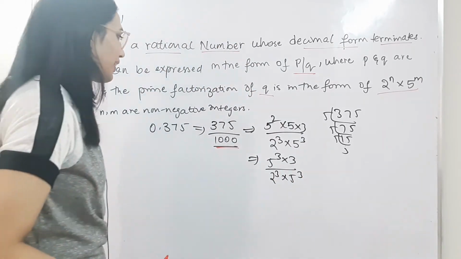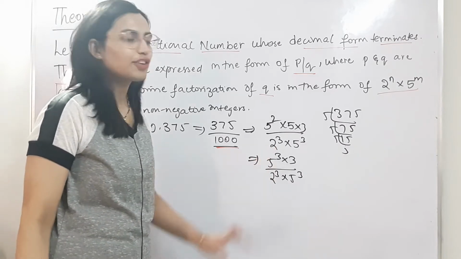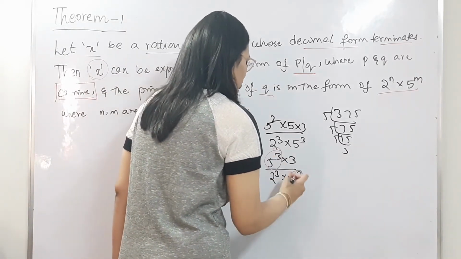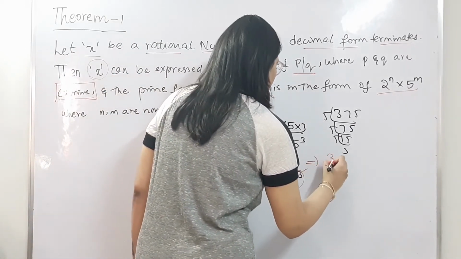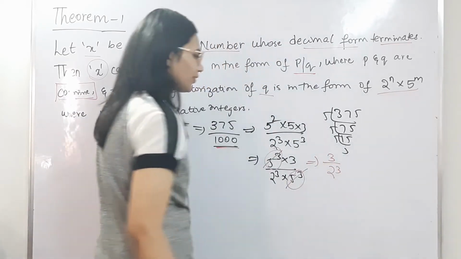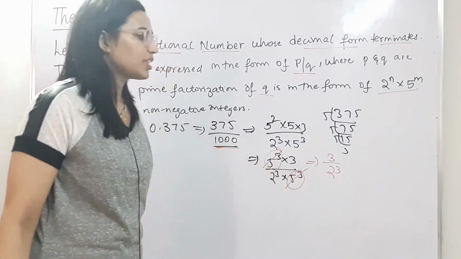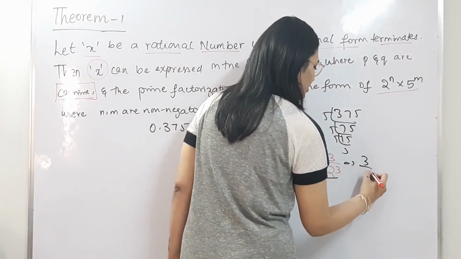Yes. But if you see here, there is a common factor in numerator and denominator. What is it? 5 cube. So, we can cancel this. And what is remaining now? 3 by 2 cube. In this case, what is the form of the denominator? 2 power of n. And if you further write this, it is 3 by 8.